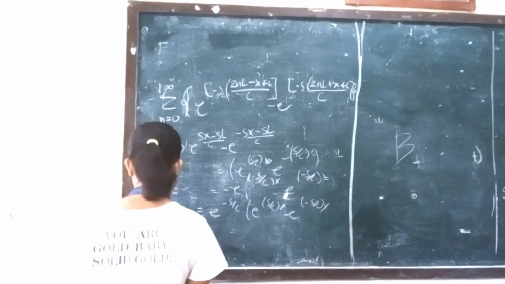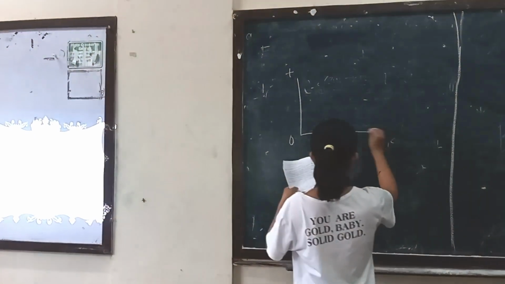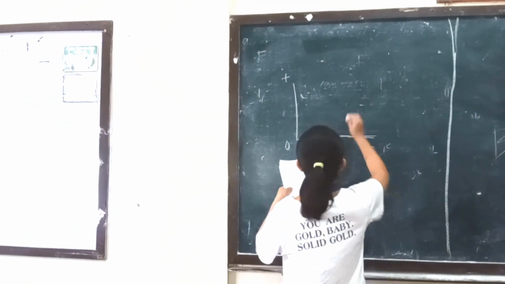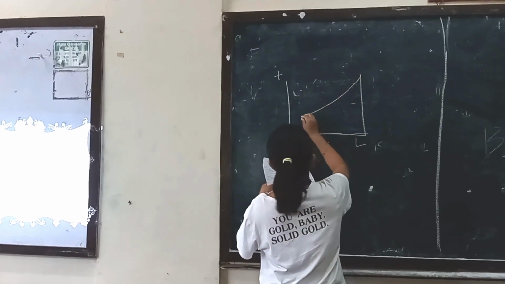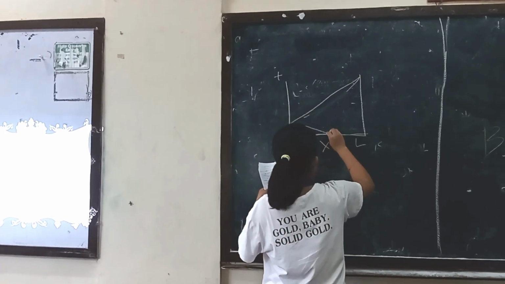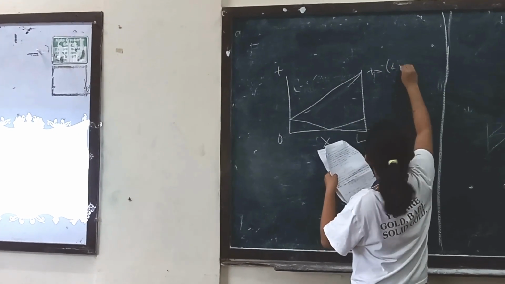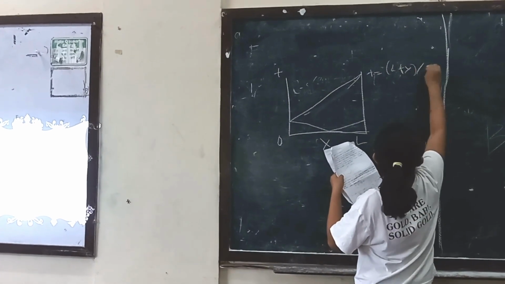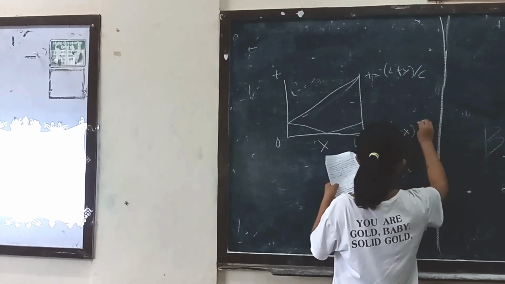So this is the final result. e to the 0, x, l. So a equals l plus x over c and b equals l minus x over c.